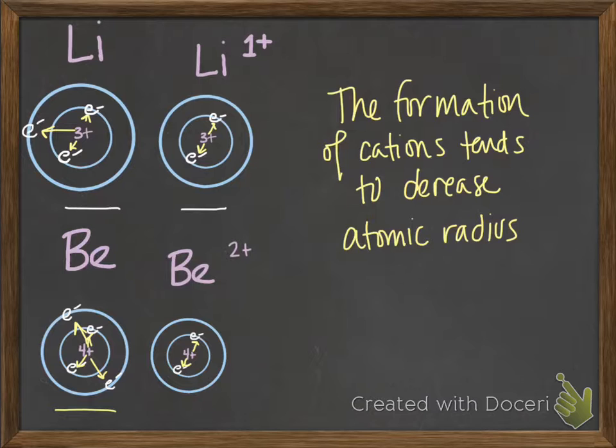So as a rule, the formation of a cation tends to decrease the atomic radius. So now if you were asked to put a series of atoms and a few ions in order, you should know that the cation is always going to be smaller than the neutral atom from which it came.